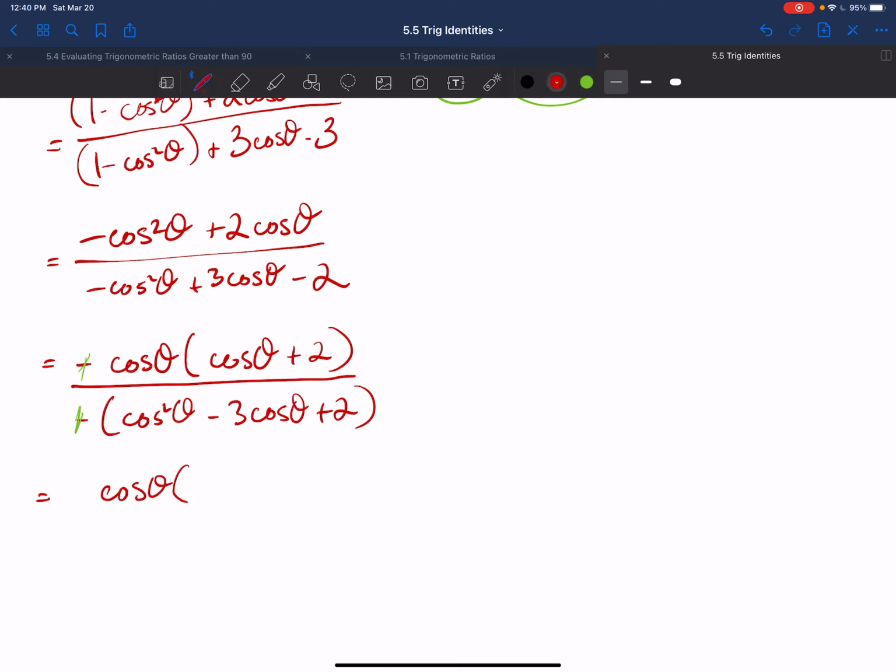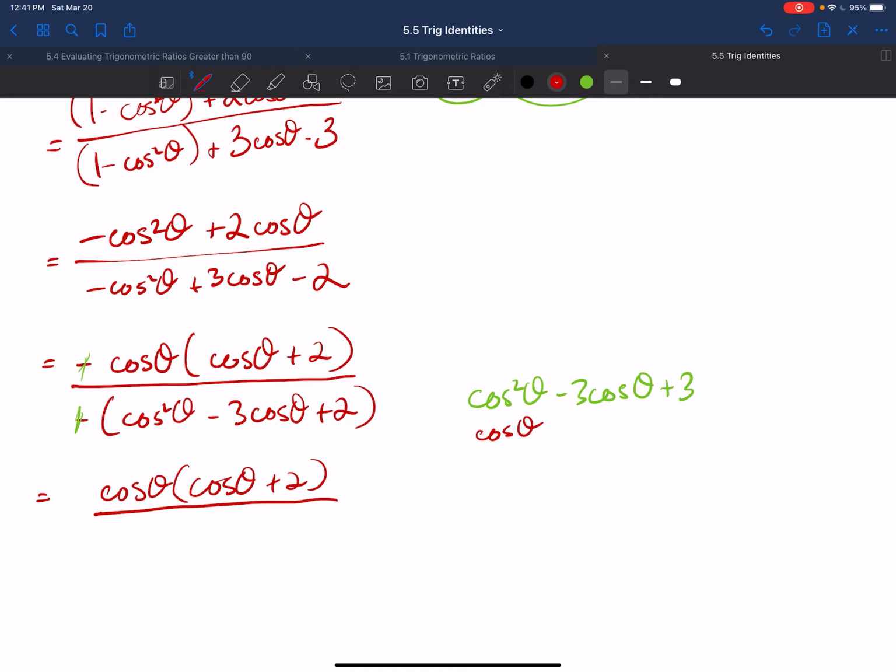So can't cancel anything out yet, because I haven't factored the denominator. So at the denominator, we're going to factor, again, just like we would a quadratic trinomial.